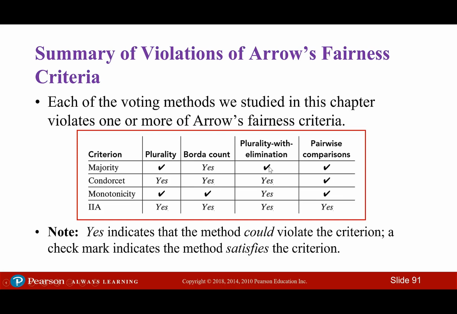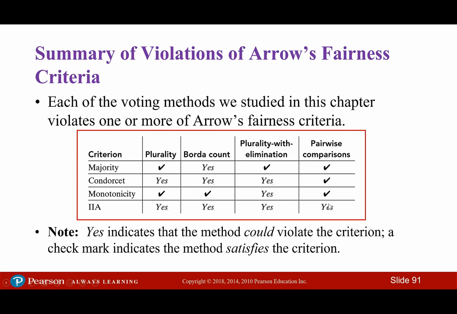So plurality with elimination, you'll always get the majority candidate, but you could violate the other criteria here. And the pairwise comparison, look at this one. It's almost like it is the safest route, right? If you pairwise all the comparisons here, but it'll still lead you to violate the independence of irrelevant alternatives.